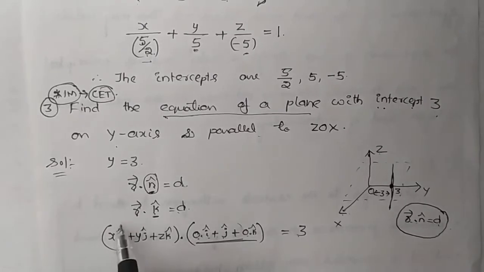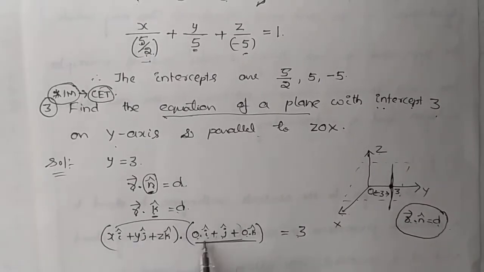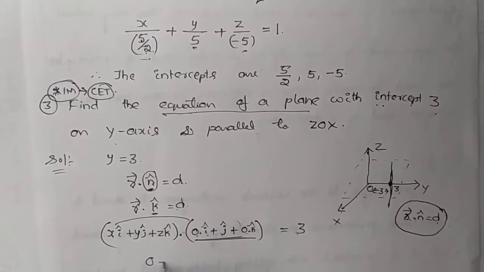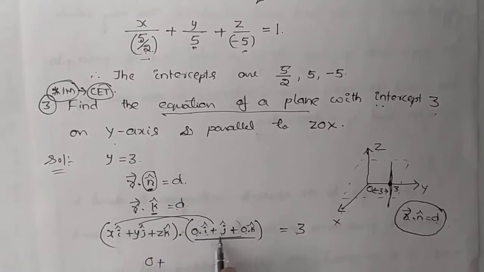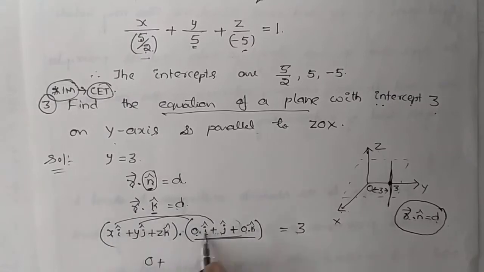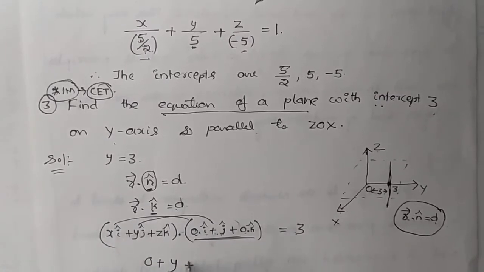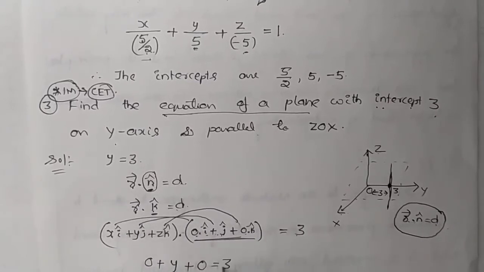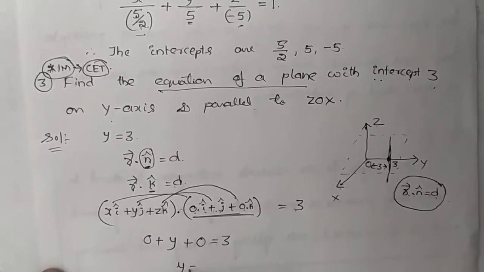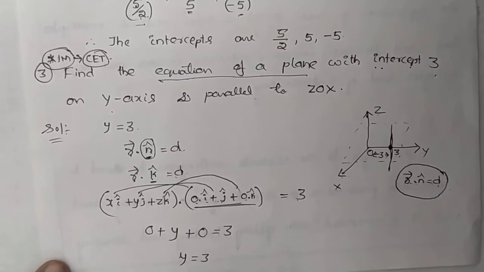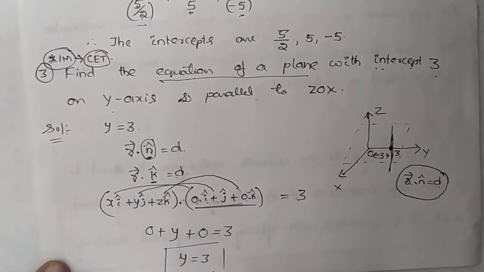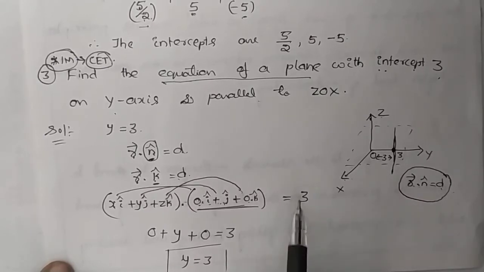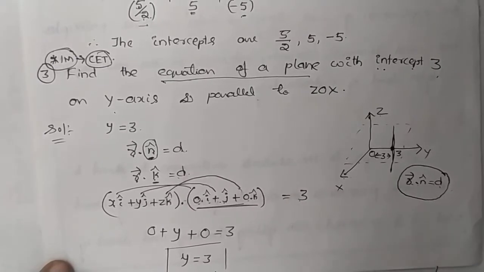If you apply the dot product of these two vectors, we get x into 0 is 0, plus y into the j coefficient 1, y into 1 is y, plus z into 0 is 0, equals 3. Therefore y equals 3. Hence it is the equation of a plane with intercept 3 on the y-axis and parallel to the ZOX plane.